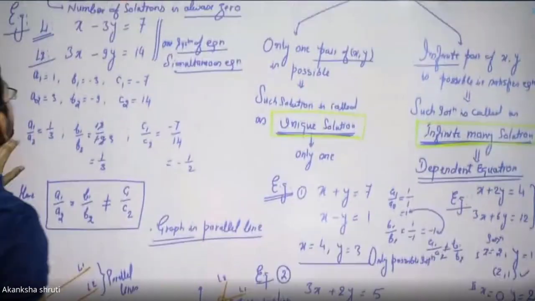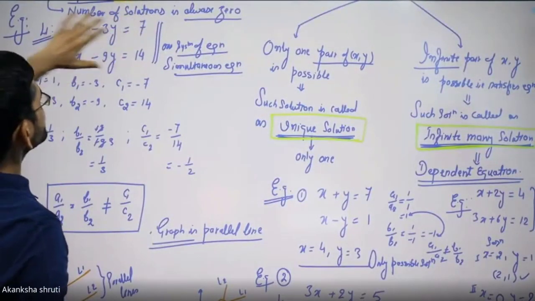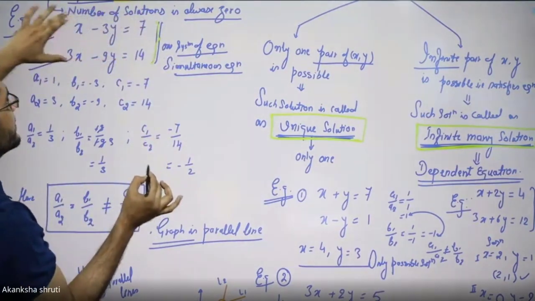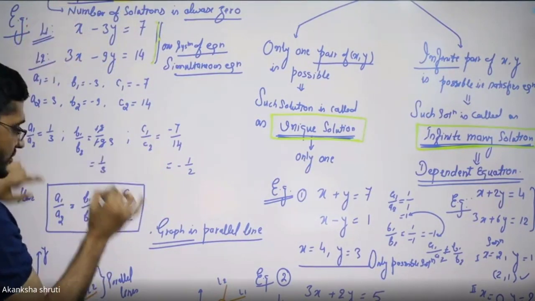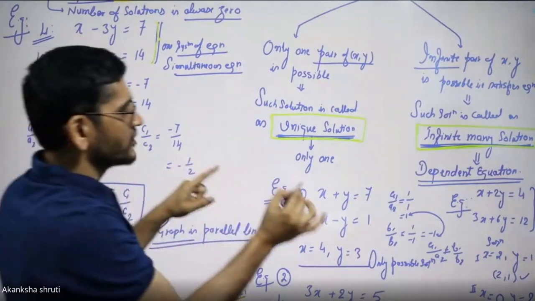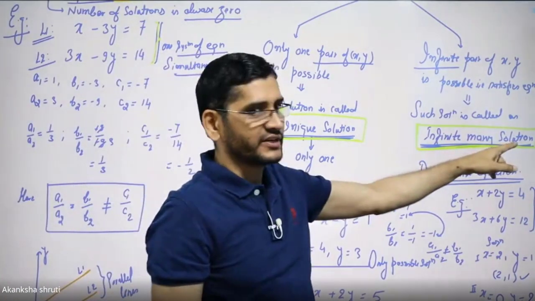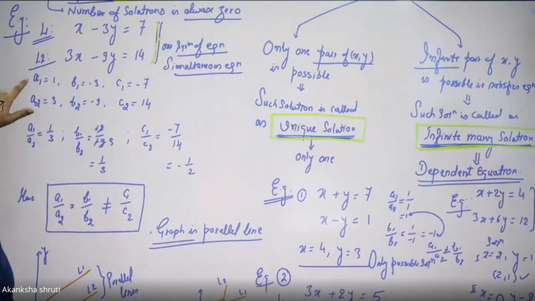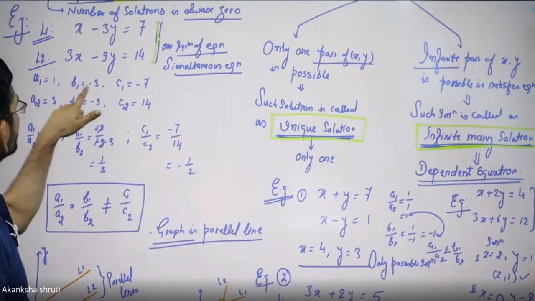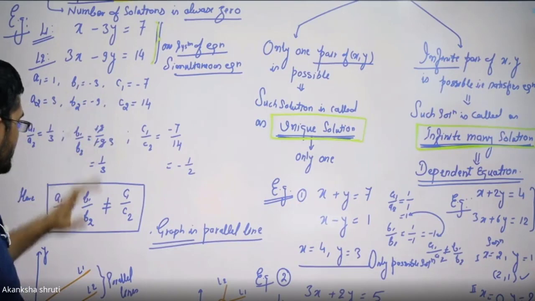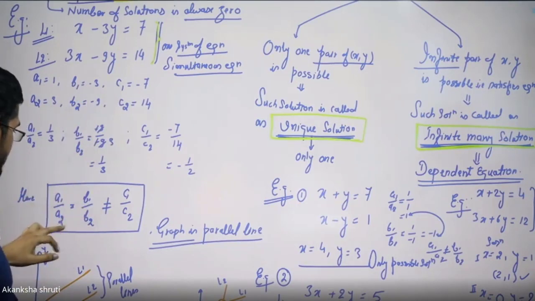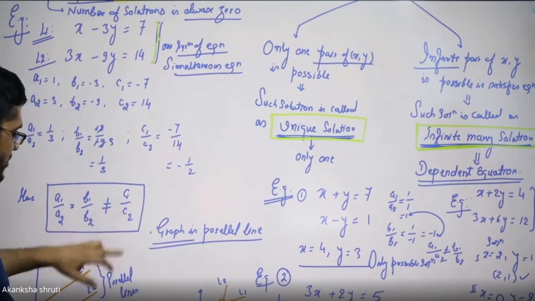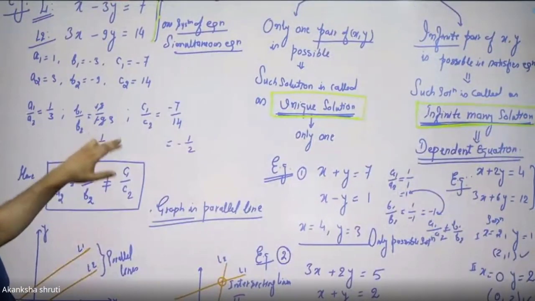Mathematically, by observing the given system of equations, we can find whether it has no solution, unique solution, or infinitely many solutions. Students, for that we need to find the ratio of coefficients and constant term. If the ratio of coefficients are equal and not equal to the ratio of constant term, then it is no solution.